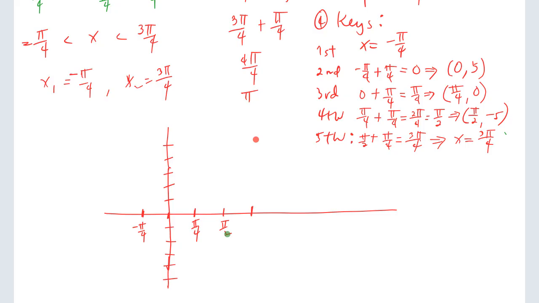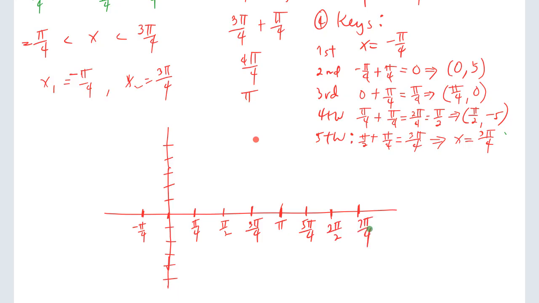I am writing with multiples of pi over 4. Now we have 3 pi over 4. Two periods, so we'll have 1, 2. Now we have pi. Next we have 5 pi over 4. Next we have 3 pi over 2. And then we have 7 pi over 4.